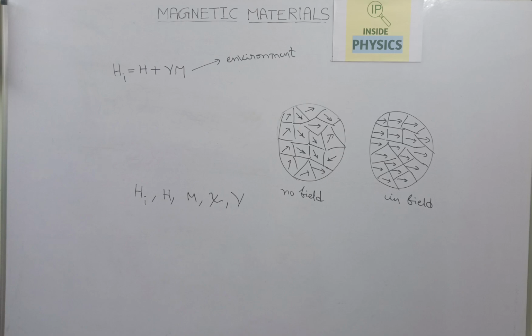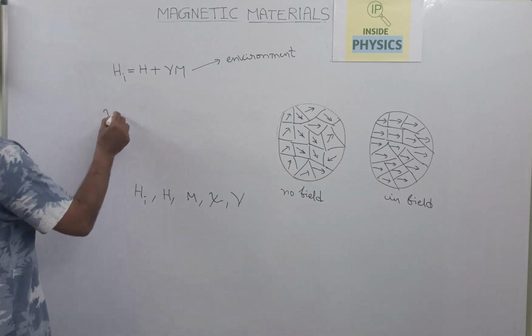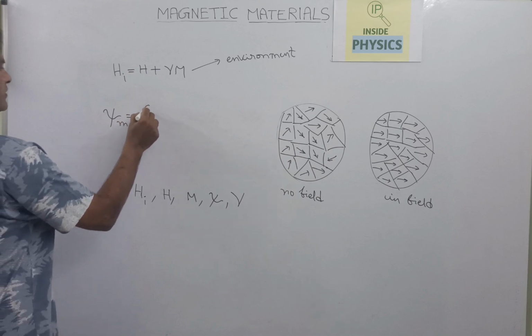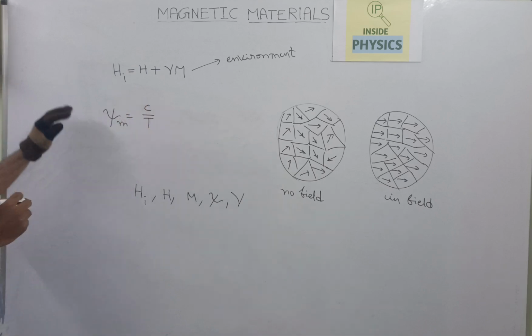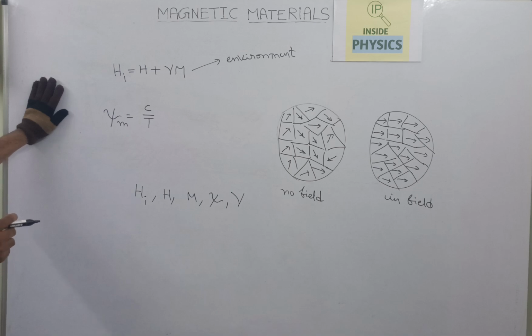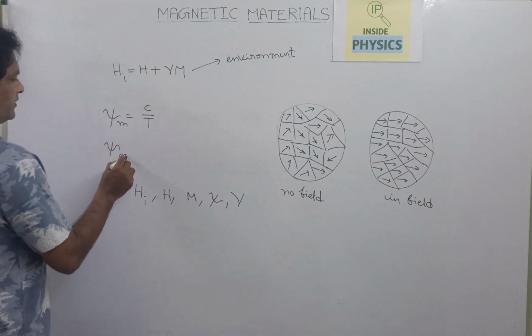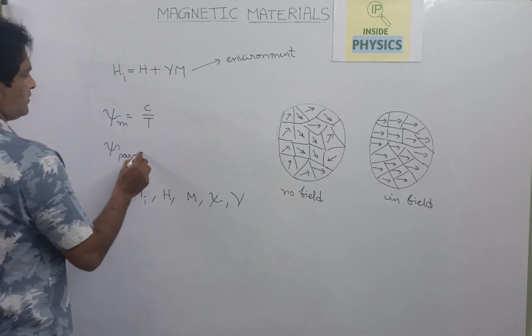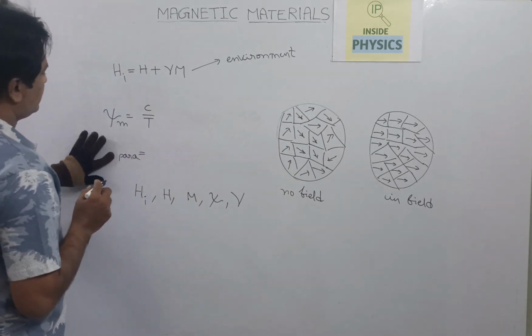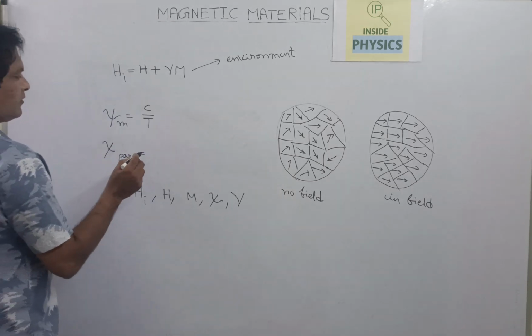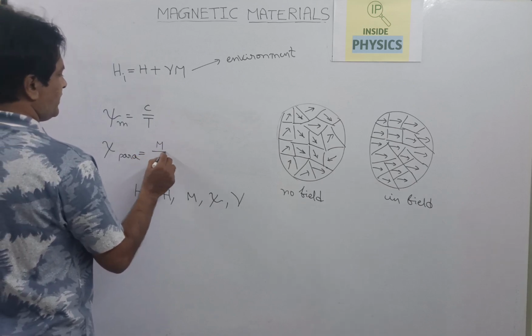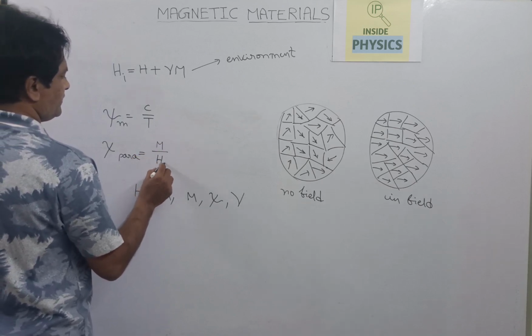So here we know that for a ferromagnetic material, the susceptibility according to the Curie-Weiss law is given by chi m equal to C by T. Right. So for the paramagnetic state of a ferromagnetic material, we can write chi, that is susceptibility, as M by Hi.